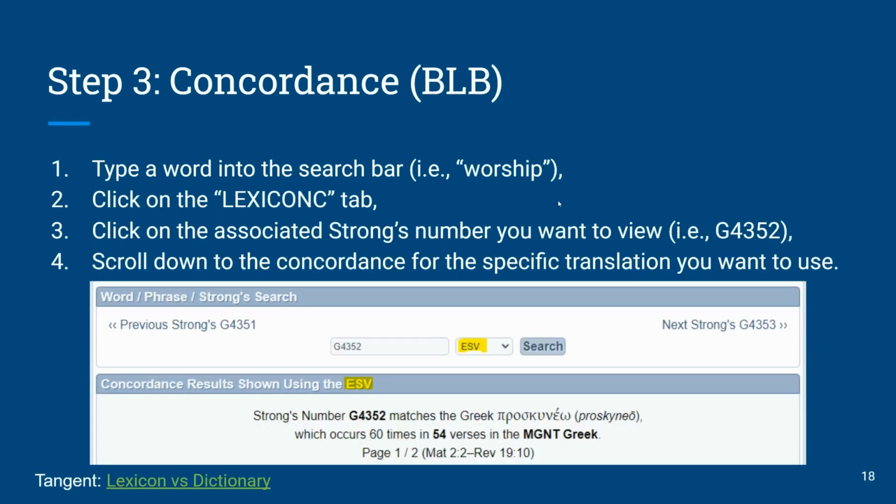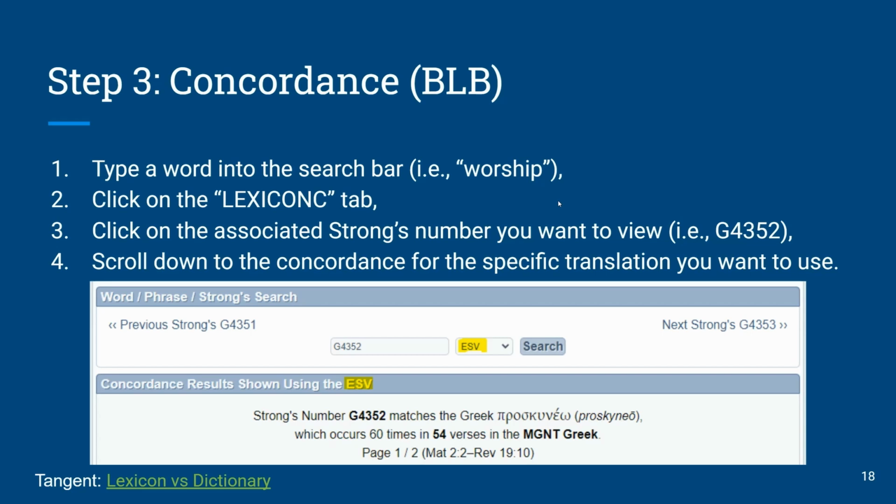Let's do some work with a concordance in the Blue Letter Bible. If we type a word into the search bar, just like we did earlier, for instance, the word worship, we can then search for that word and click on the Lexicon tab, and then click on the associated Strong's number you want to view.